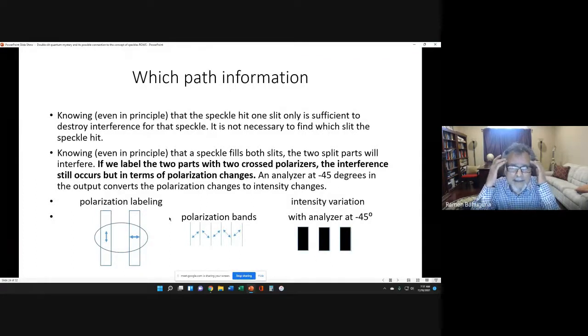If you have an eye as a detector, then okay, you can't see it, because the eye is not sensitive to polarization. But the polarization bands are there. In fact, the plus 45 and minus 45 bands are not sudden transitions. They go through elliptical, then circular, and then to minus 45. It's a gradual transition.